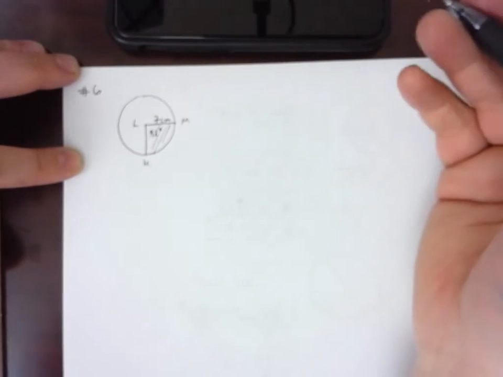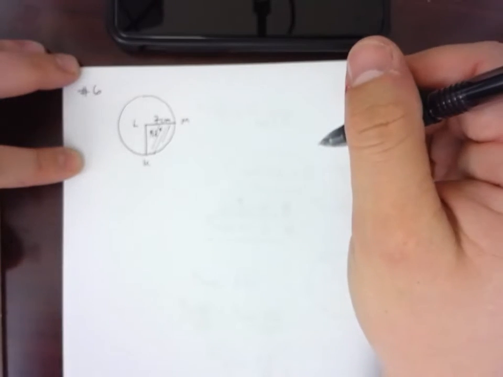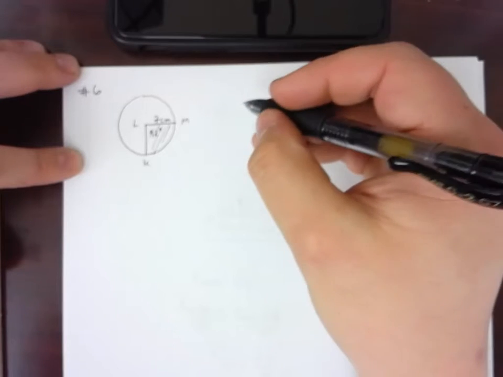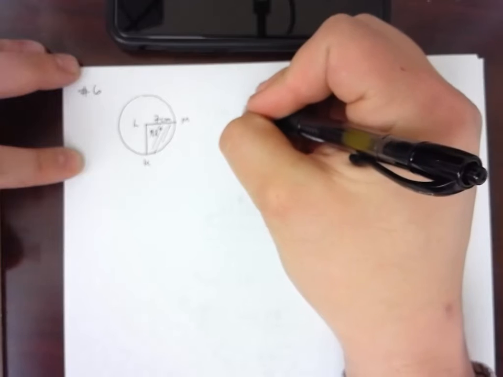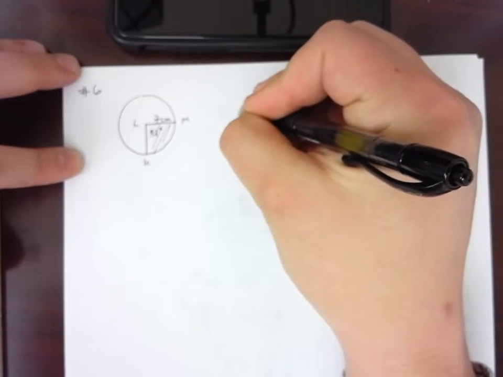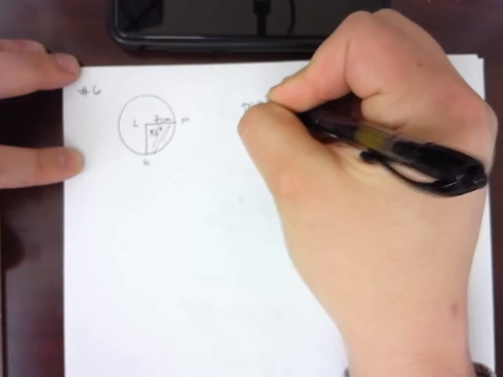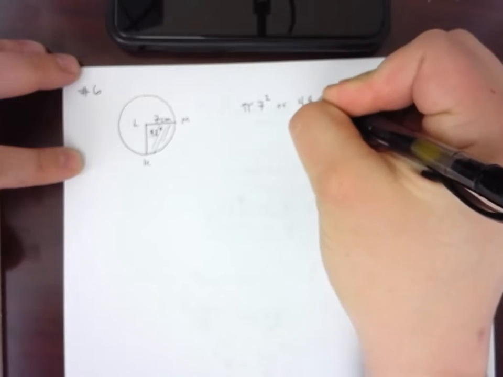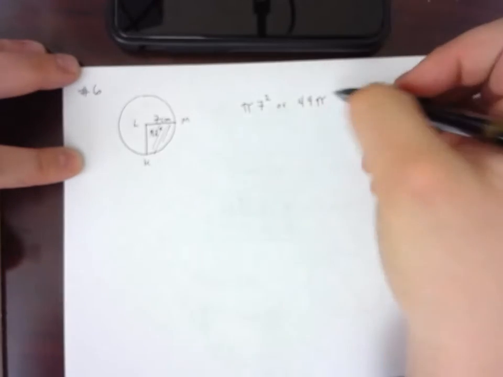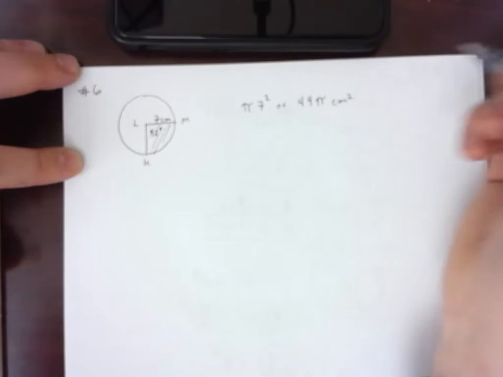I didn't shade the last circle, but that's okay. And we're going to do the same thing. We're going to figure out what's the area of the entire circle, and that would be pi times 7 squared, which is 49 pi. You can think of that as centimeters squared.